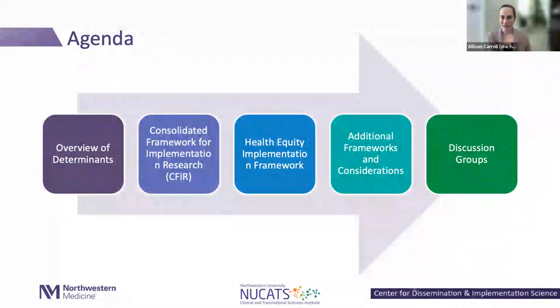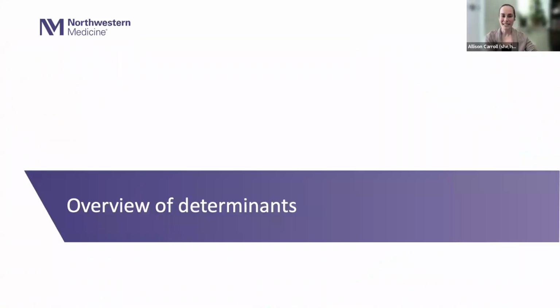A lot of the determinants frameworks are very similar, so we're going deep on one to give you an idea of what we're talking about when we're thinking about the context. I will also introduce the Health Equity Implementation Framework as another example of a determinants framework. And then we'll wrap up with some brief introductions to additional frameworks, considerations, and some limitations of using these frameworks. And then we'll go into our discussion group. So next slide, please.